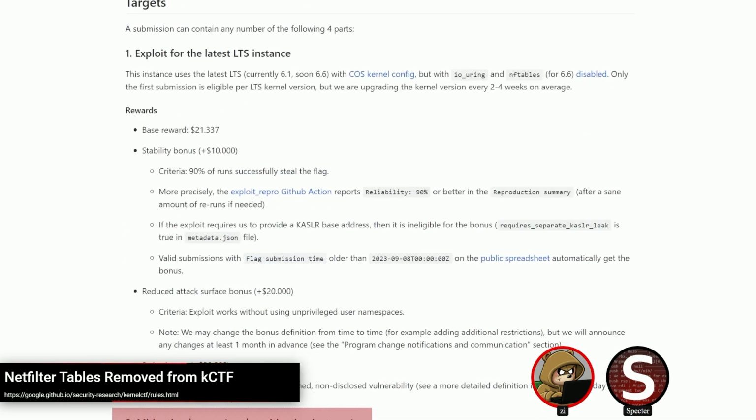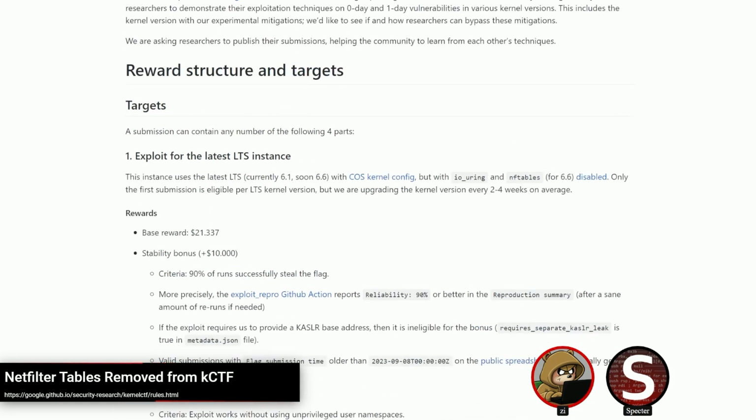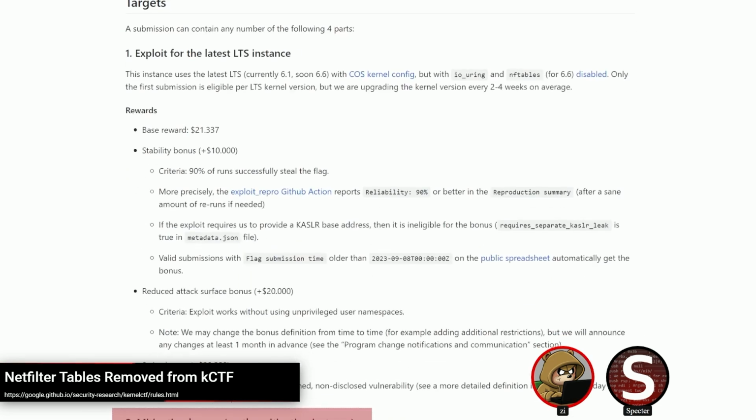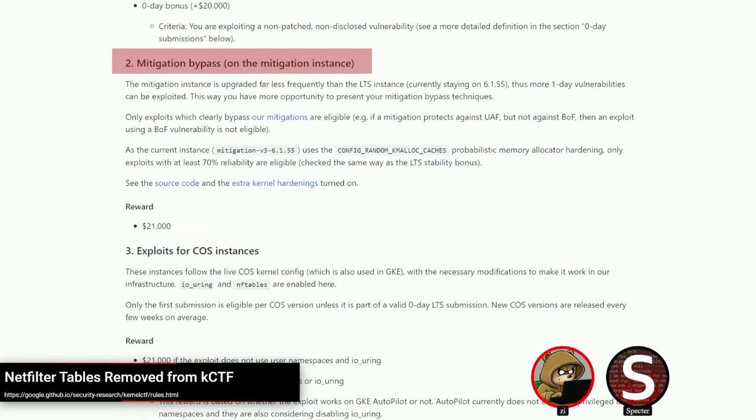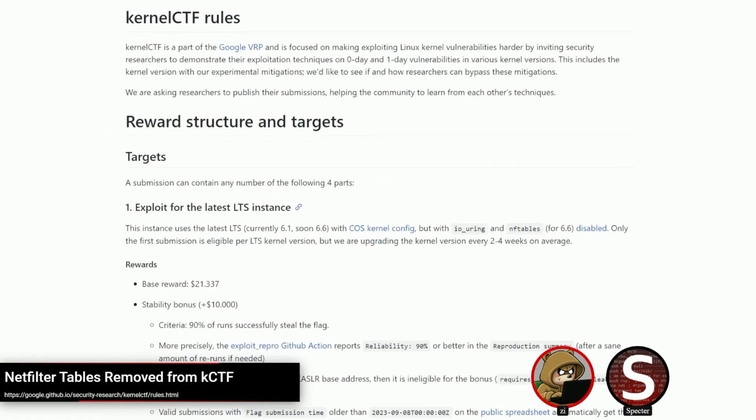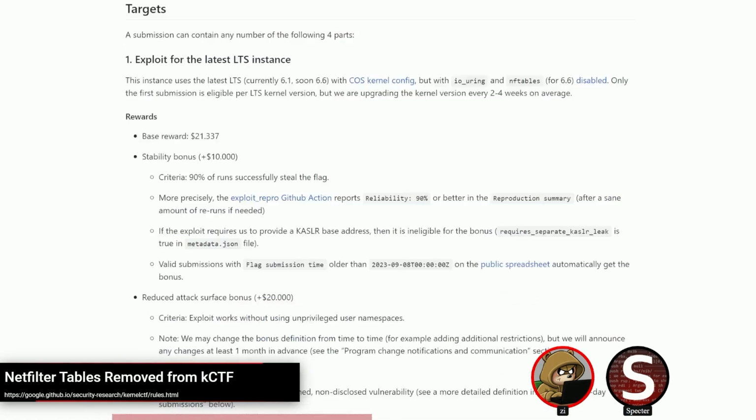Although one nice thing with kCTF for a while was that this was a place where bugs that maybe wouldn't have a ton of value anywhere else could still have value, by writing a full exploit for them, going after the mitigation instance for the bonus, or seeing if it lasts on their LTS.